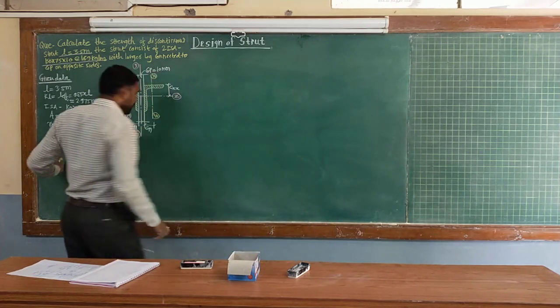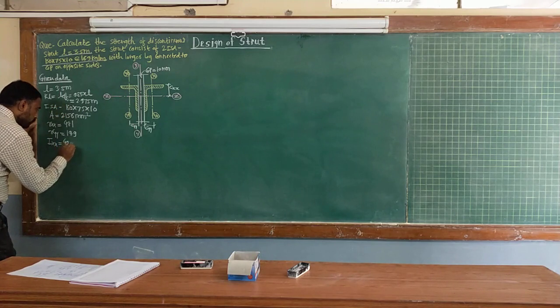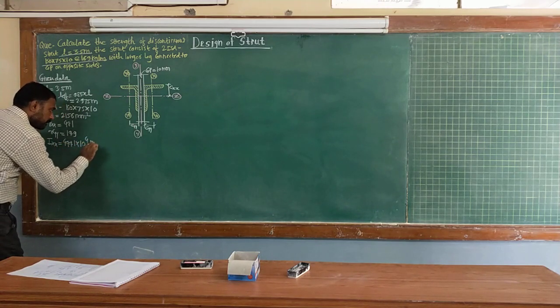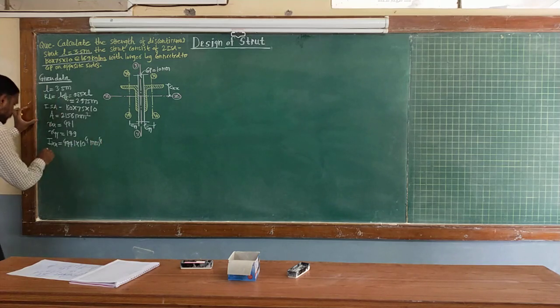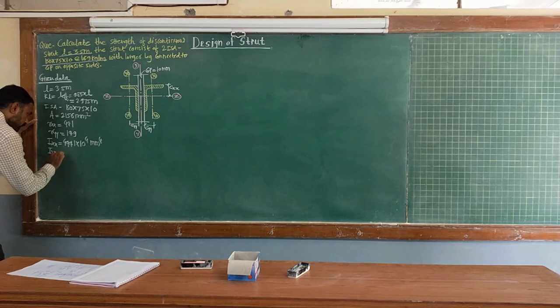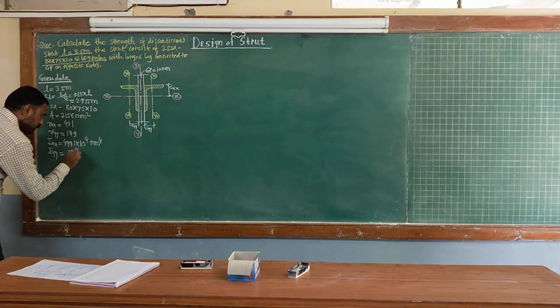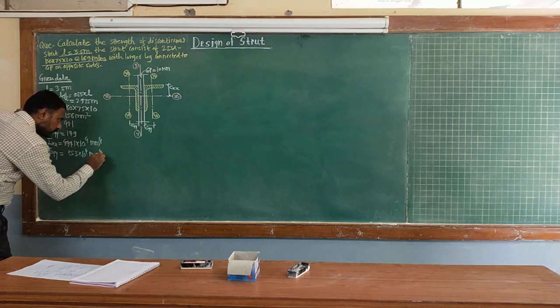So Ixx is given as 499.1 into 10 raised to 4 mm raised to 4. The value mentioned in the steel table is in cm raised to 4. The next, Iyy equals, is given as 85.3 into 10 raised to 4 mm raised to 4.